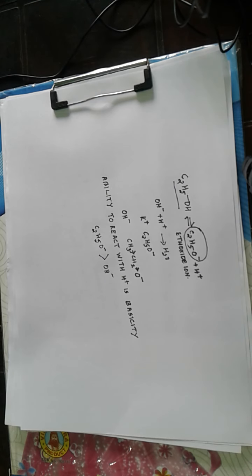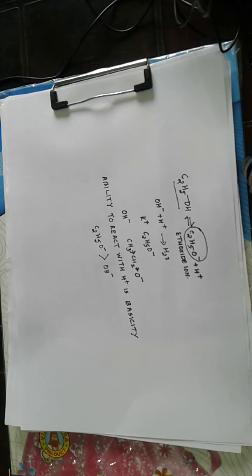So the main quality of a base is to react with the H positive, and ethoxide is a more powerful base than hydroxide due to higher electron density over O negative, which is supplied by the plus I effect of the ethyl group.